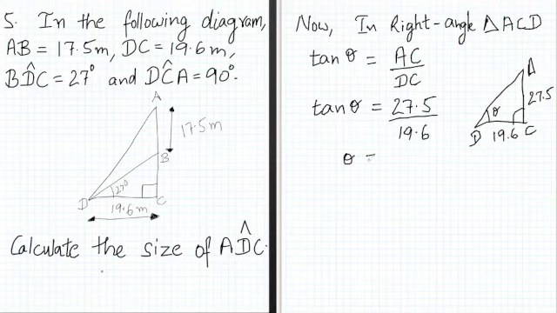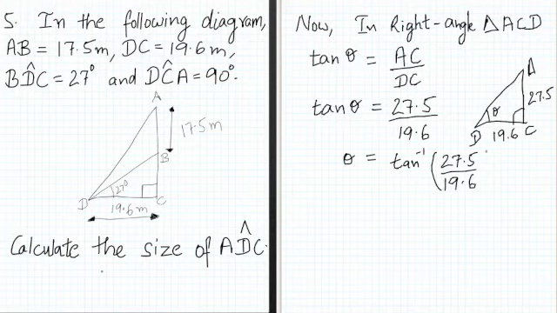We can write down theta is equal to tan inverse of 27.5 over 19.6, and by using your calculator we can calculate the value of tan inverse of the fraction which we have.